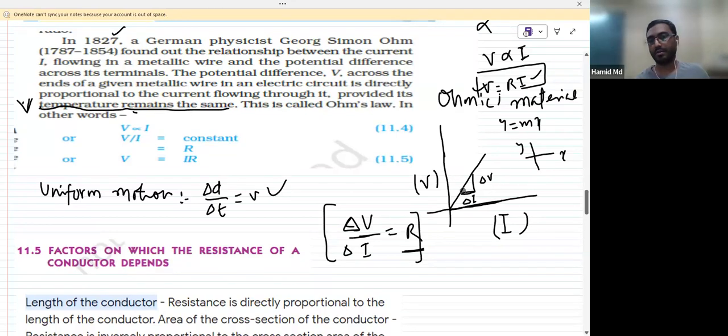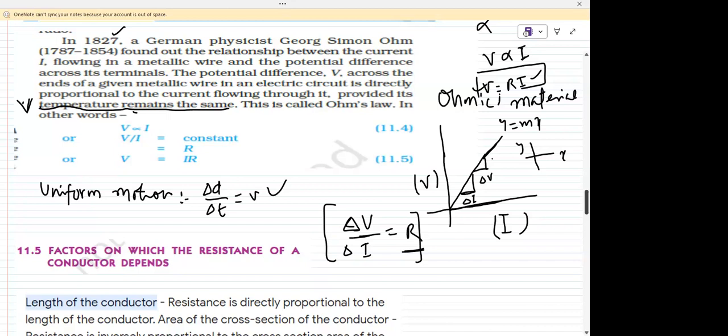You may check: if we take this point and another point, it is still a straight line, and you take another slope, delta V over delta I. You may draw it on graph paper and check the results. Jaslyn, I think this is an addition from last day's class. Okay. Yes, sir. So this is the slope.